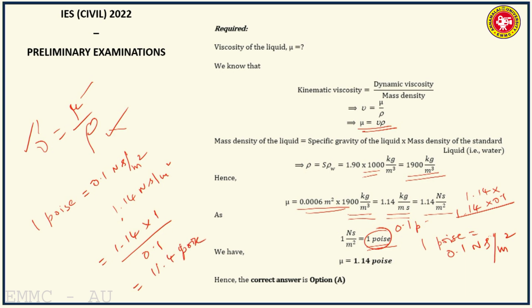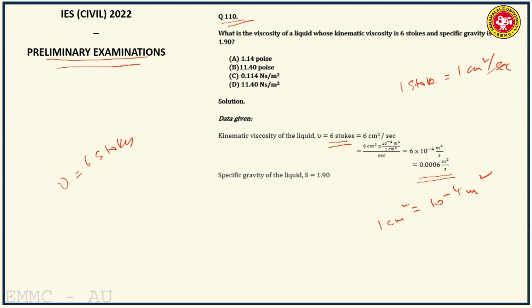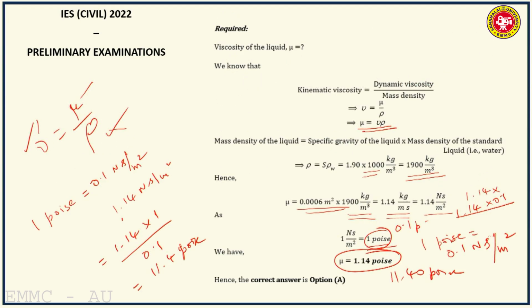So, there is a mistake, this is not correct, this is 11.4 poise. So, this is the correct option. Please note this correction, this is wrong. The answer is option B. So, the error is here.